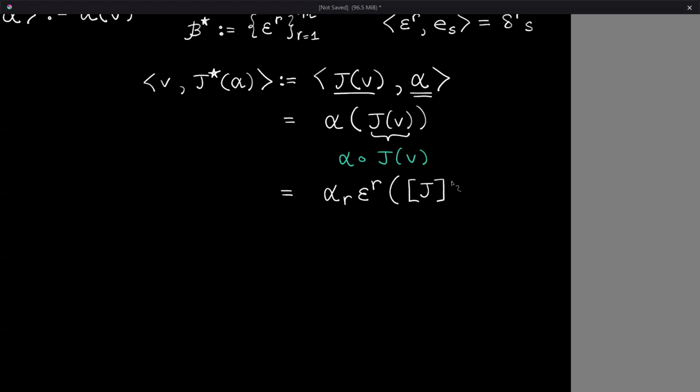We already know about the matrix form of J, so we're going to decompose it like that. Then we also take the coordinates of the vector.